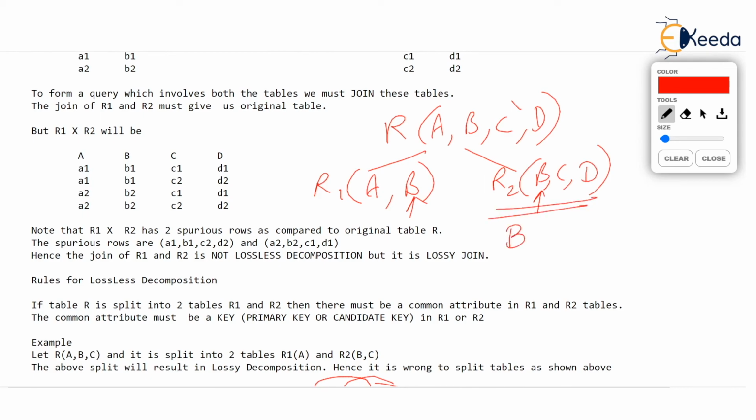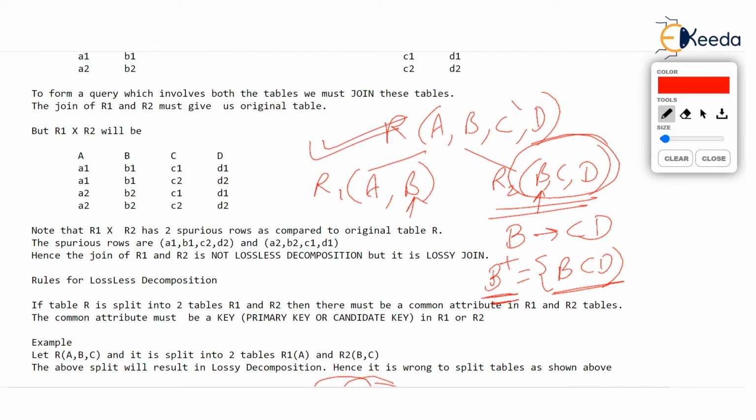What that means is B closure is going to contain B, of course, and B will bring in CD. That means B closure contains all the attributes of R2. That means B is the candidate key in R2. And remember, it was a common attribute. Then the common attribute B is a candidate key in at least one of the tables. Here it was in R2, so this kind of decomposition is lossless.